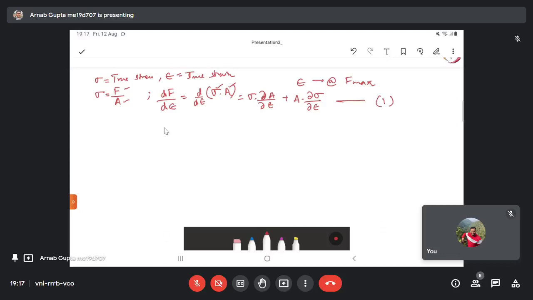Now another thing: during plastic deformation, we can assume that the volume of the material is constant. As the material is straining, its length is increasing and the area of cross section is decreasing, but the total volume of the material remains constant.